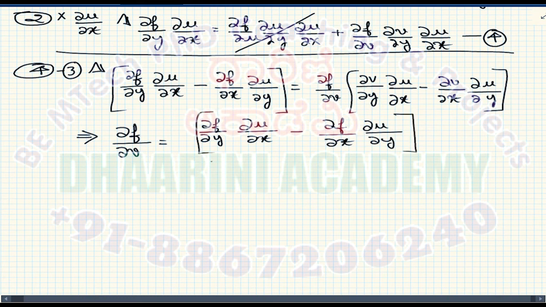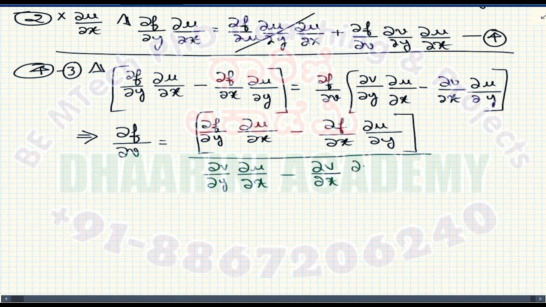This is the numerator, whole divided by the denominator. I'll write the term with respect to x first, then the term with respect to y. Maybe that will be easier. So that is ∂v/∂y into ∂u/∂x minus ∂v/∂x into ∂u/∂y.